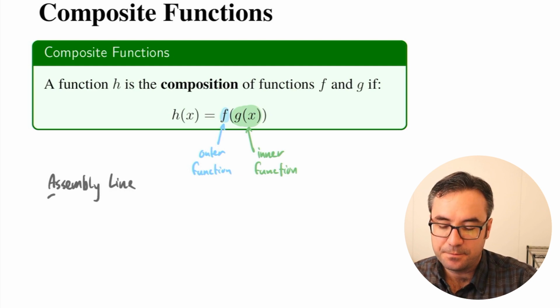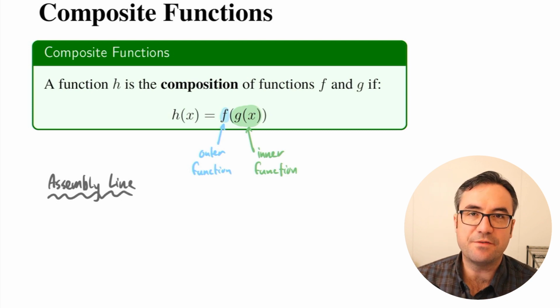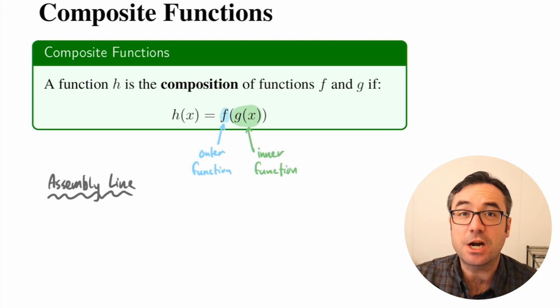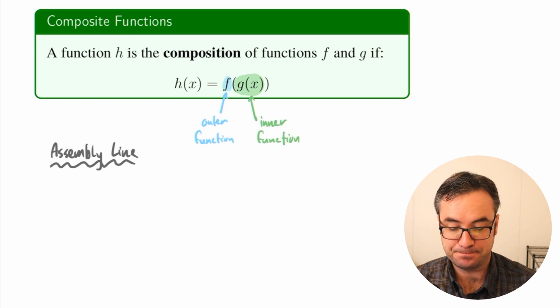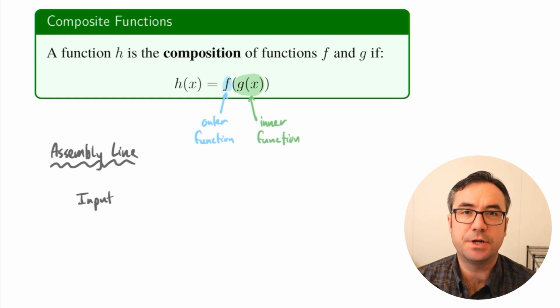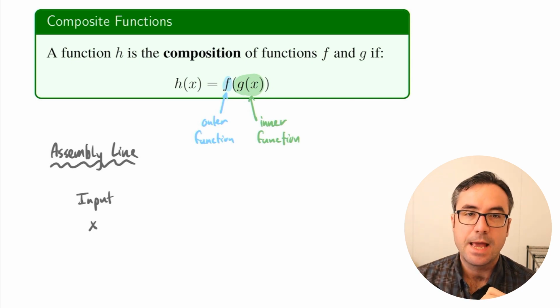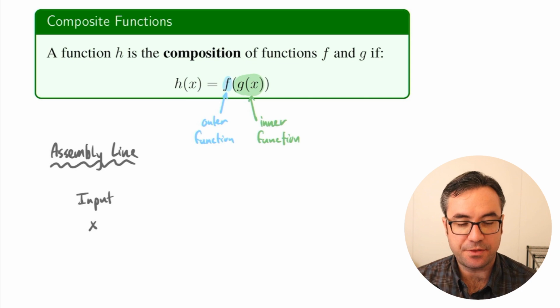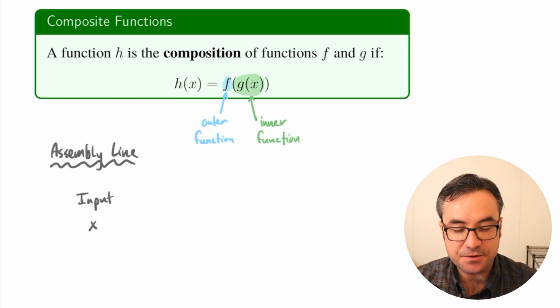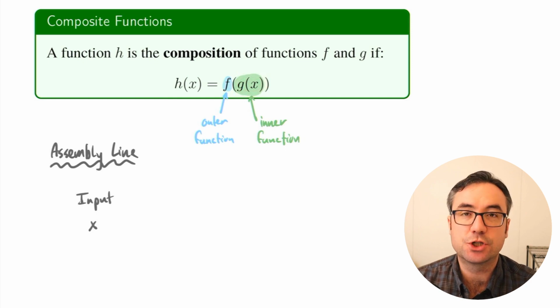When we evaluate functions, we start with our input x. So our input is going to be our variable, x. And what happens with a composition is, first of all, x gets plugged into, in this case, function g.